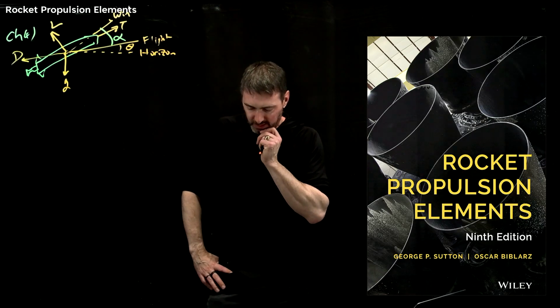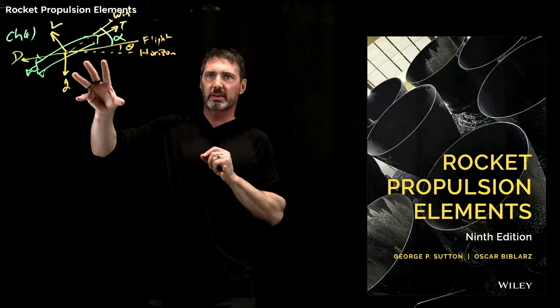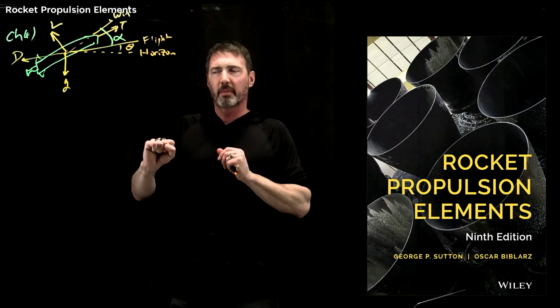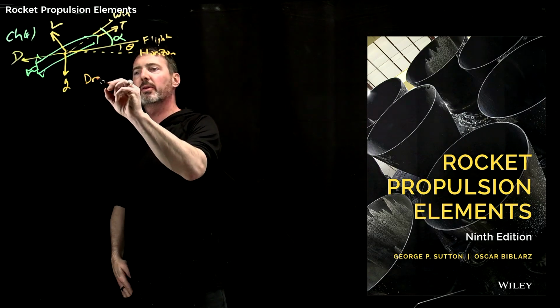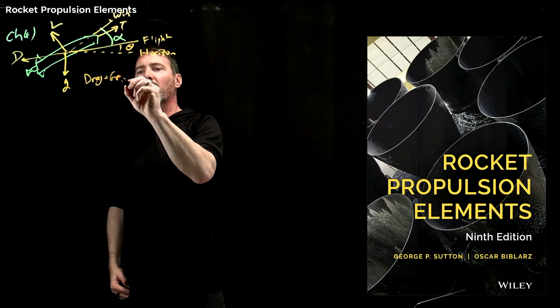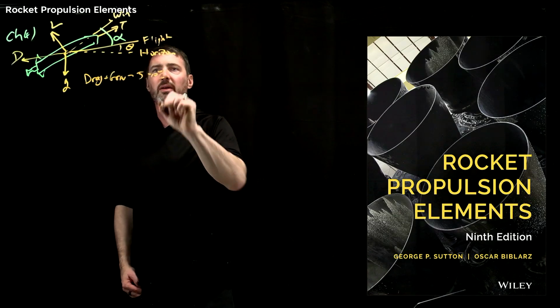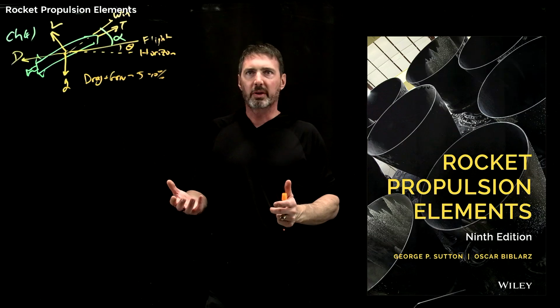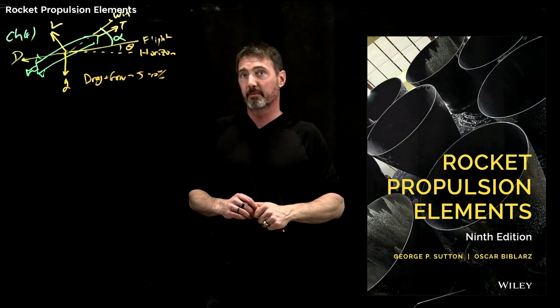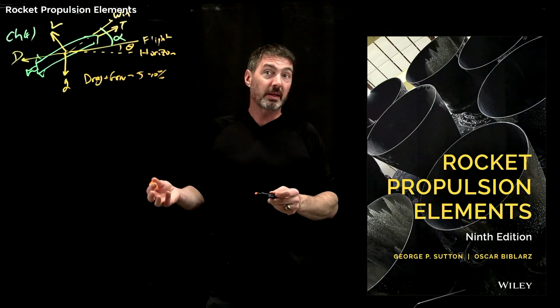But the punchline is, once you account for all of this stuff, drag and gravity losses usually are 5 to 10% of what you need to go all the way up into orbit. Okay, so not to be minimized.